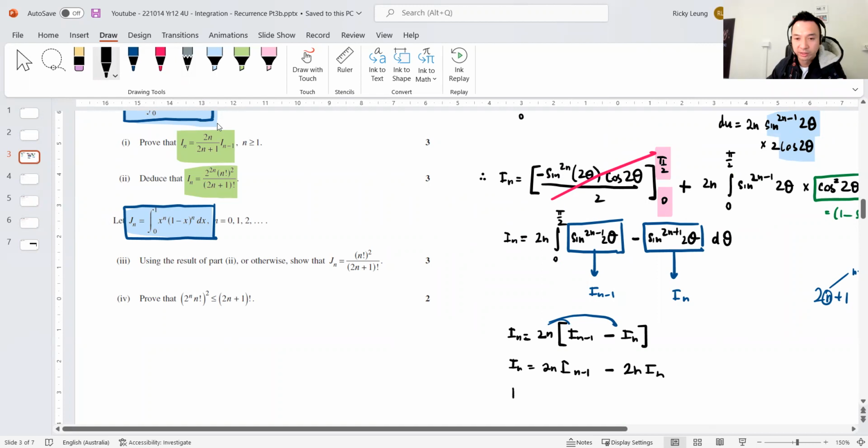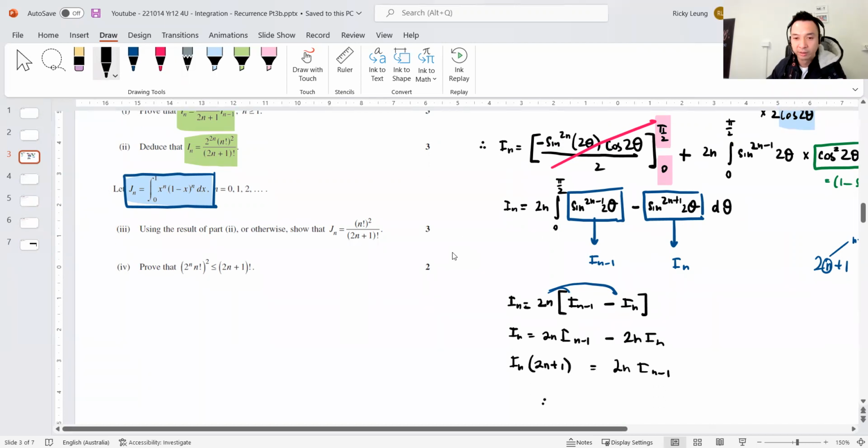Bring that guy over and factorize. So it becomes 2n plus 1 in equals 2n in minus 1, and divide it over for my recurrence statement, right? How do I express it just as a fraction? 2n over 2n plus 1 times in minus 1.